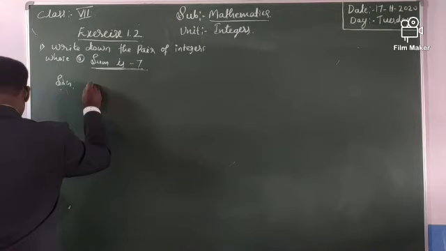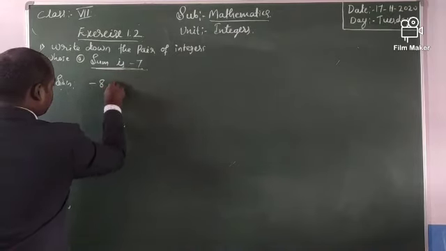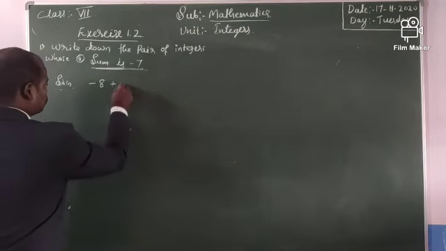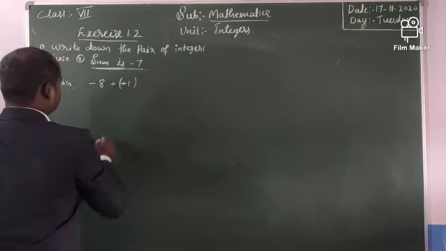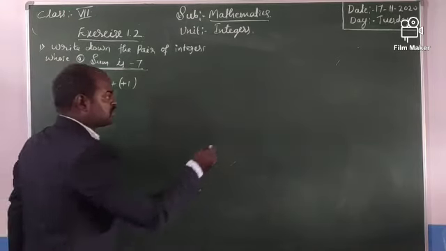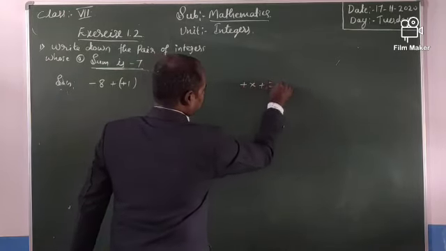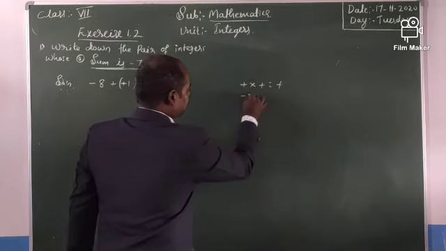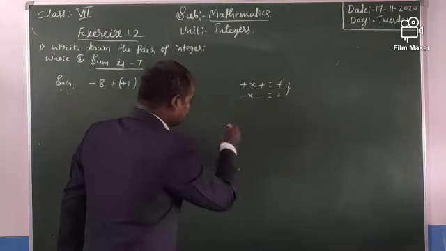See here, -8. Sum means we have to add. What do we have to add? Yes, we have to add plus 1. Then look here, we already know the rules of signs: plus into plus equals plus. Minus into minus equals plus.